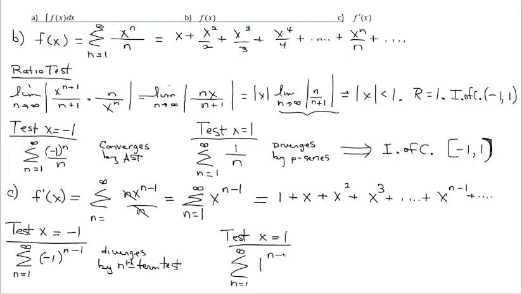So 1 raised to any power is just going to be 1. So the limit of that nth term is 1. So it also diverges by the nth term test. Okay, so putting all this together tells us the interval of convergence is -1 to 1, no inclusion at the endpoints.